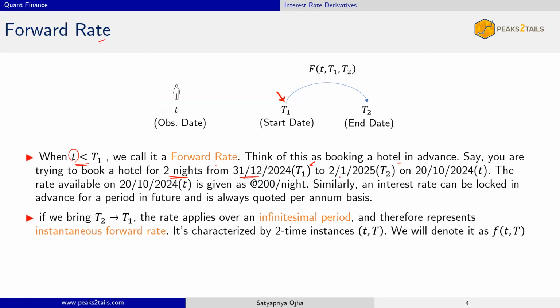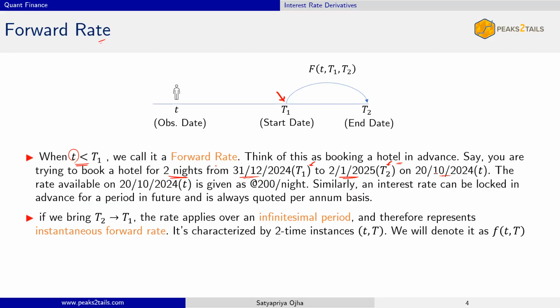Okay. Until 2nd of January 2025, which is capital T2. So 2 nights. You're trying to book a hotel for 2 nights. That period is for 2 nights, which is in future, because today is October 20 or something. And you're trying to book that hotel on October. That is small t, which is today. Period is in future. Okay.